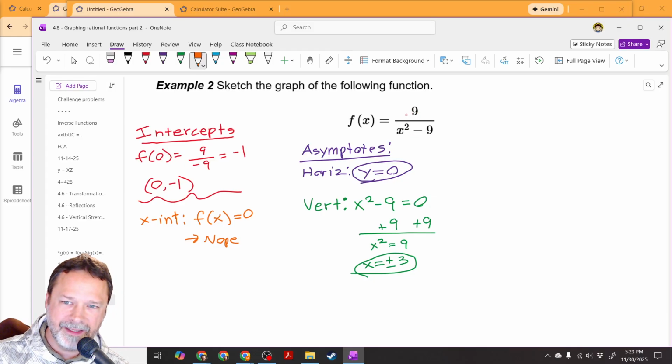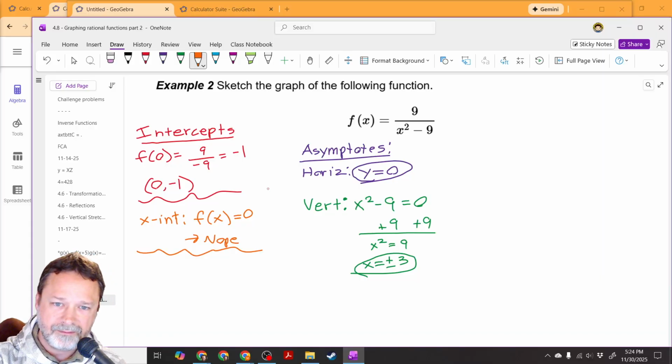Because remember, for a rational function to be 0, the numerator must be 0. So it's not going to happen. So, no biggie. There is no x-intercept. Good information all around. We got our asymptotes. We got our intercepts. Time to start graphing. Hopefully I didn't make any terrible mistakes this time.